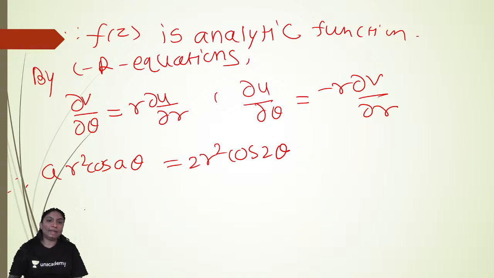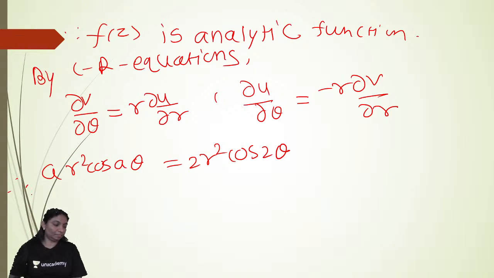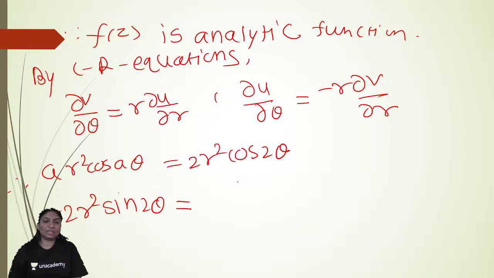Okay. And here ∂u/∂theta is equal to minus 2r square sin 2 theta, and that is equal to minus r into ∂v/∂r. So ∂v/∂r is 2r sin a theta, and with the minus we get minus 2r square sin a theta, right?